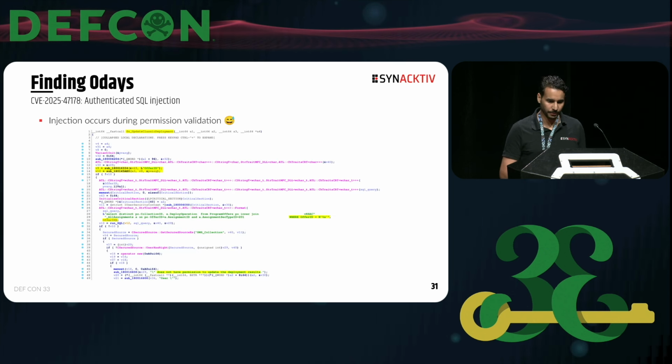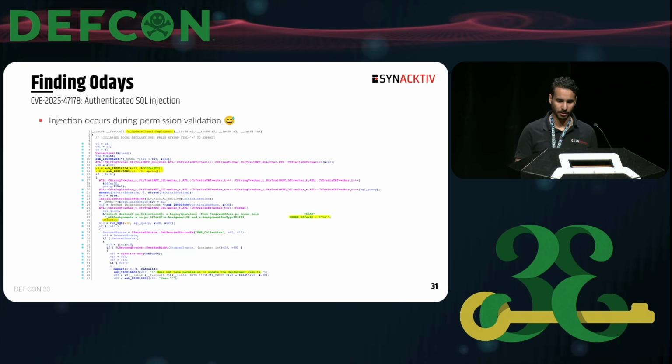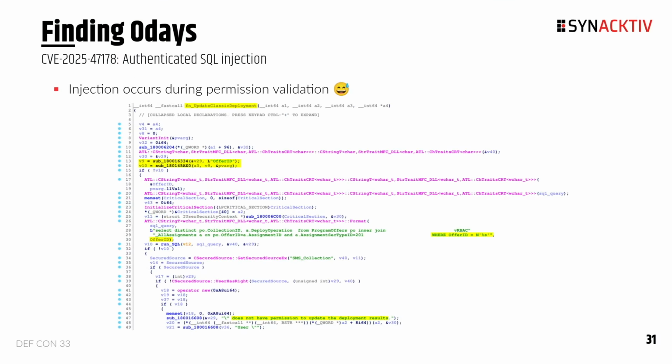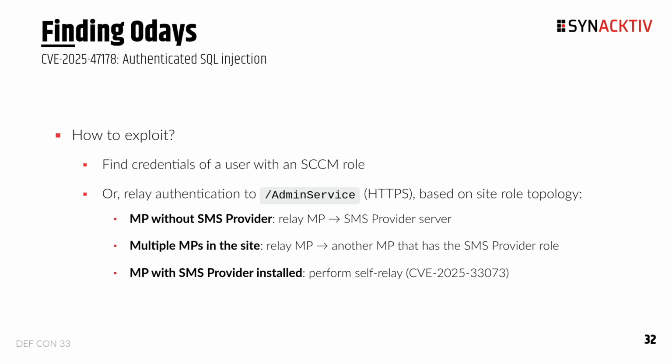All right. So looking into the code behind UpdateClassicDeployment, I noticed that the SQL injection occurs in the permission check step. That's why a user with any RBAC role, even the read-only one, can exploit this injection. From my point of view, there are two ways to exploit this issue.